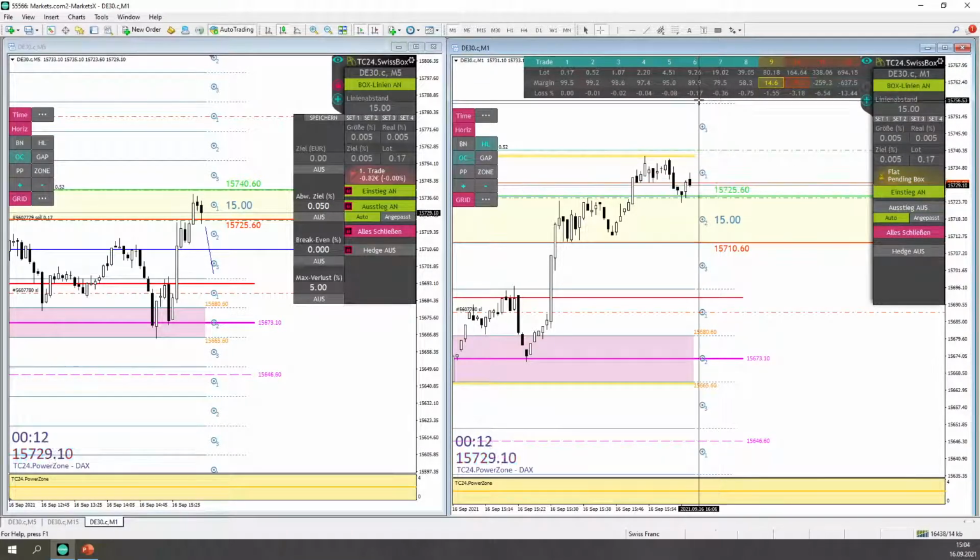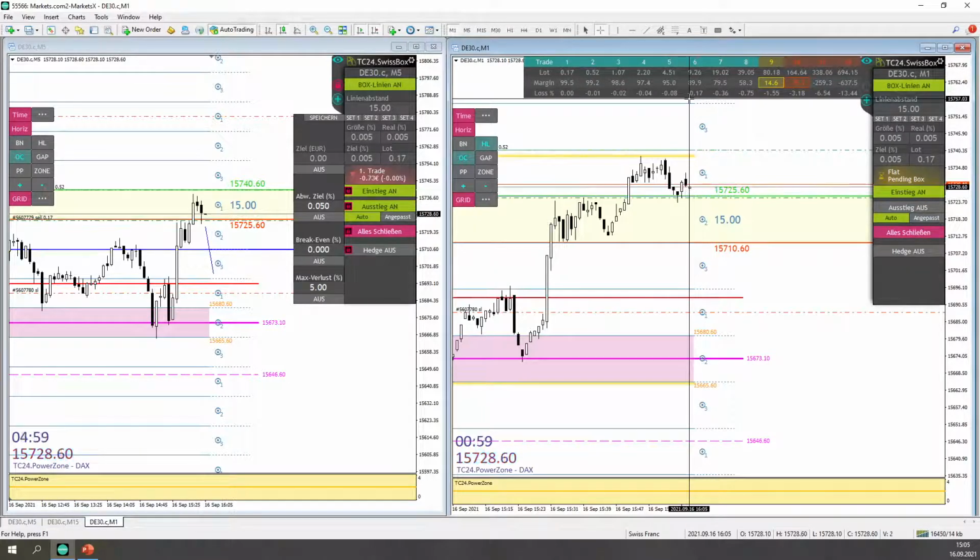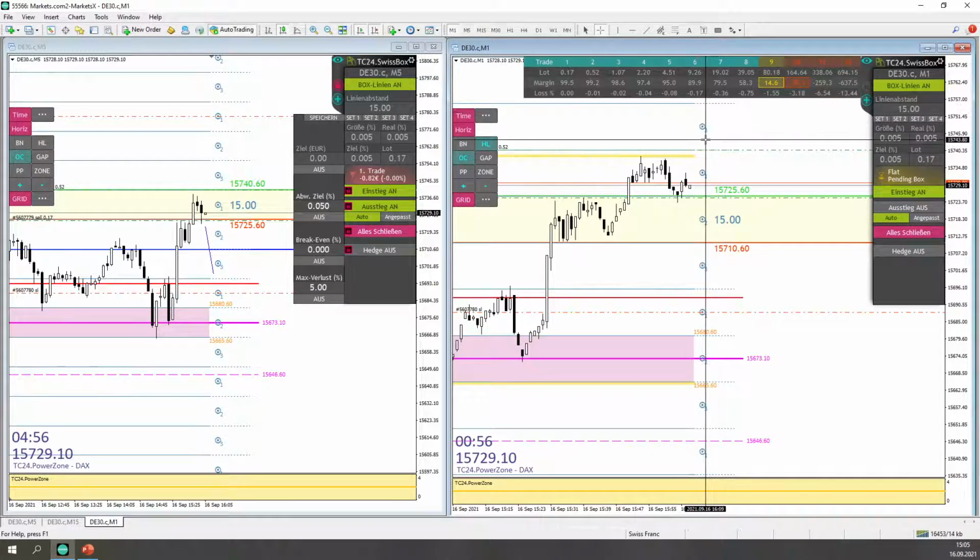Because then the loss is lower again if I hedge outside the box in the 6 trades, for example, because every loss that is below minus 0.2 is quite easy to release on the next day.